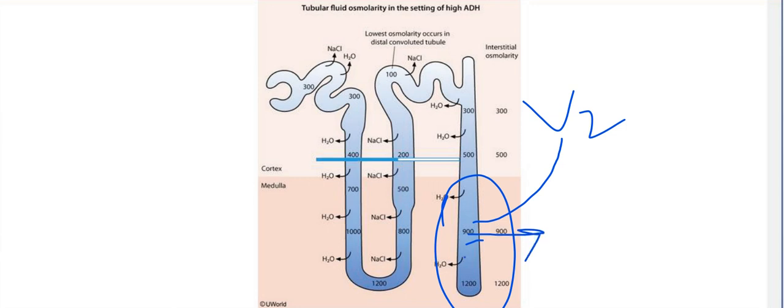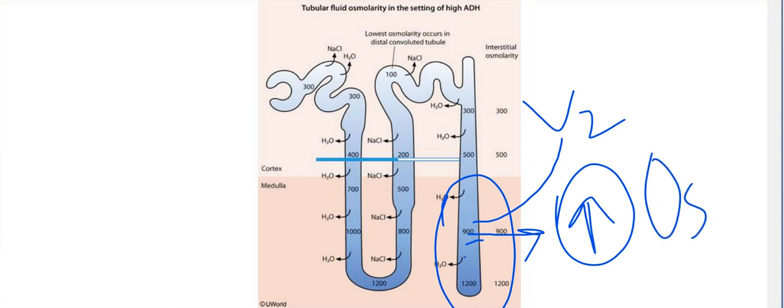When urea moves out from the collecting duct, it increases the concentration of the interstitium, ultimately leading to increased osmolarity. So as you can infer, this is the major cause of increasing the osmolarity of the interstitium.